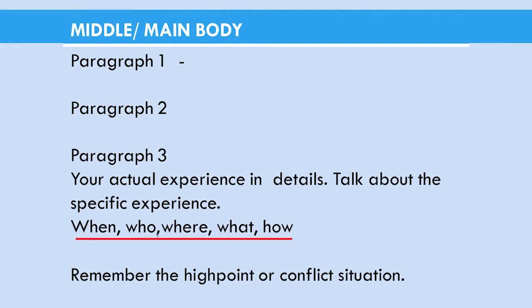When was the event, or when did you have the experience? Who were the persons who were involved? Where did this experience take place, or where did you take the trip to? What happened? And how did you feel?